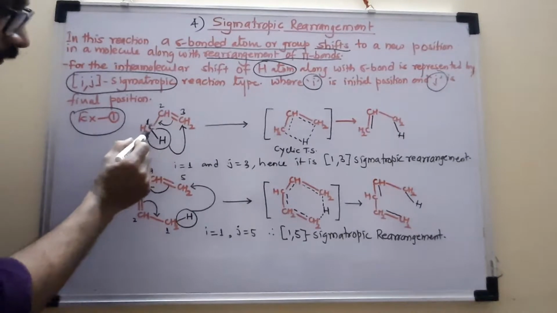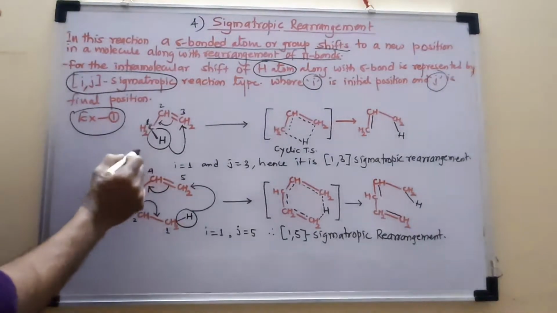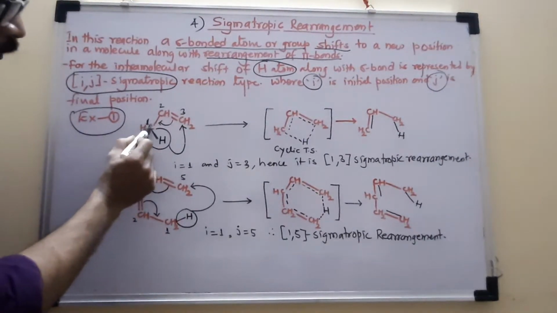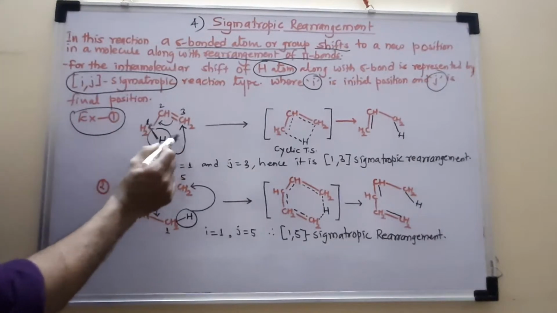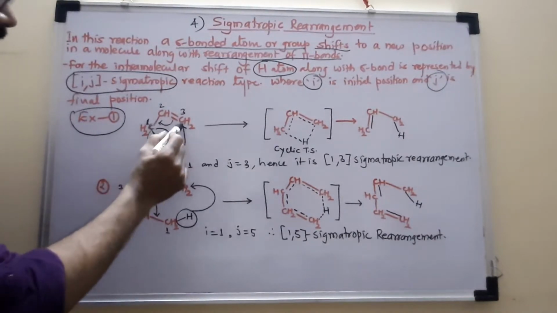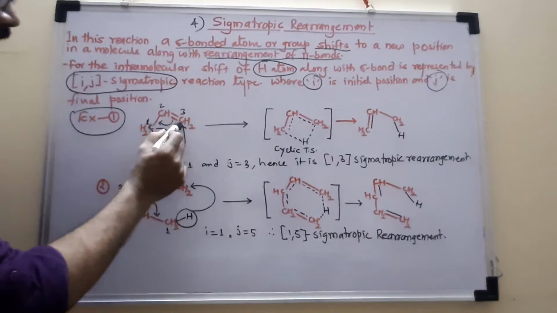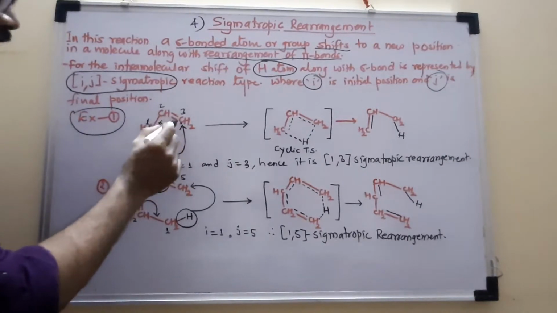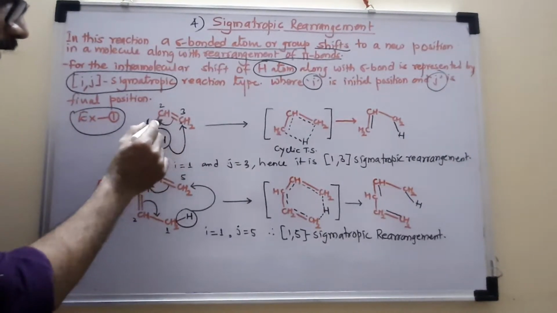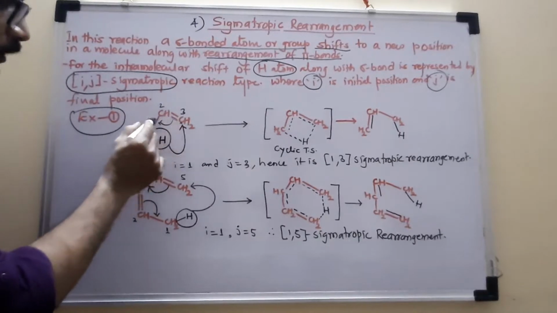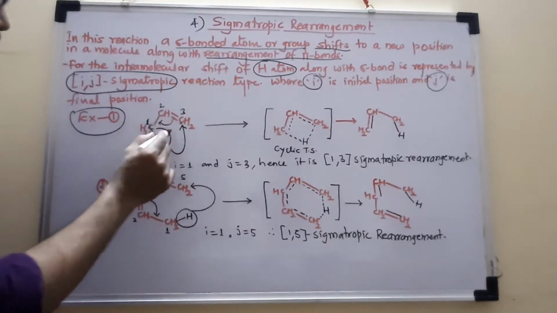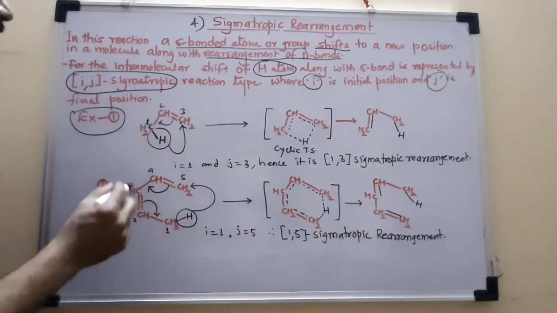The hydrogen moves along with this sigma bond from carbon 1 to carbon 2 and joins, forming a bond with this carbon. But to do that, I must shift this pi bond to the adjacent position, which I have shown with the help of an arrow.